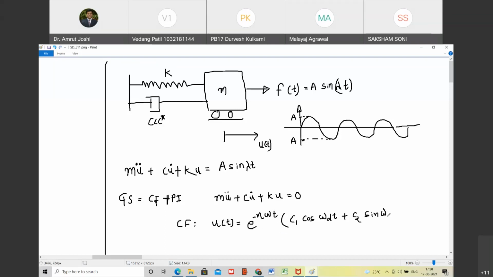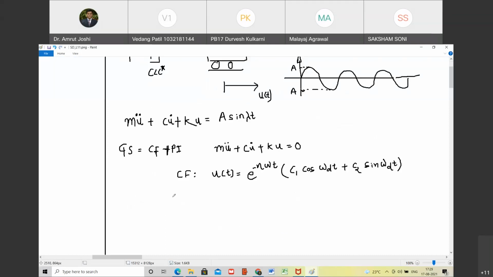This is how the complementary function looks. And now how to find the particular integral? The particular integral is any particular solution of the parent differential equation. Any solution of this equation.